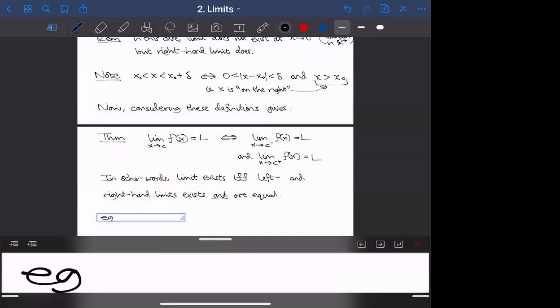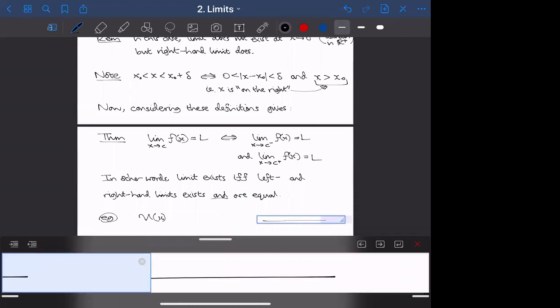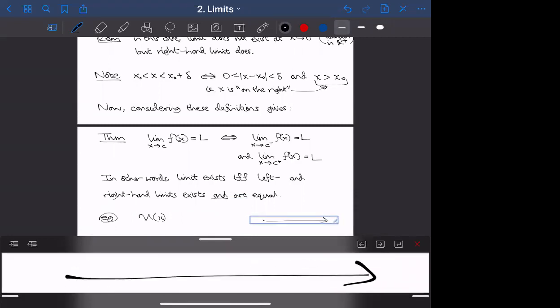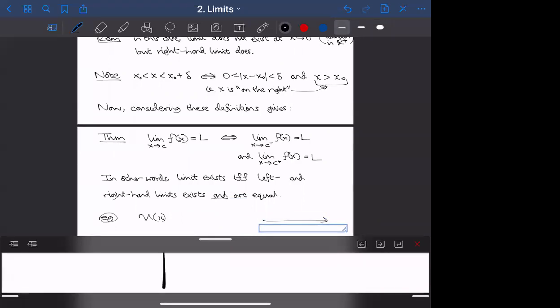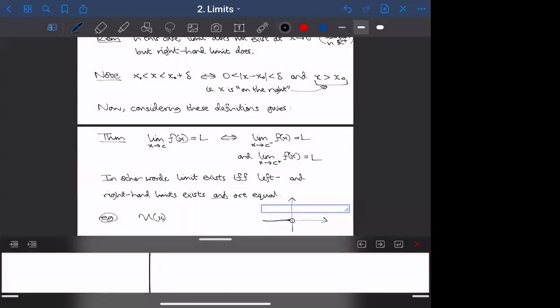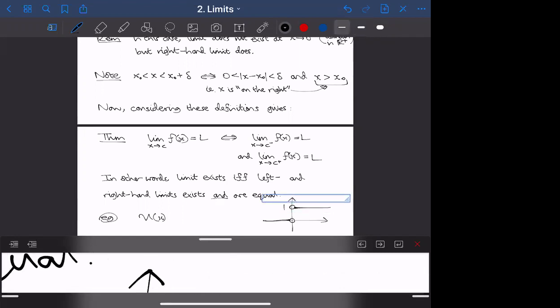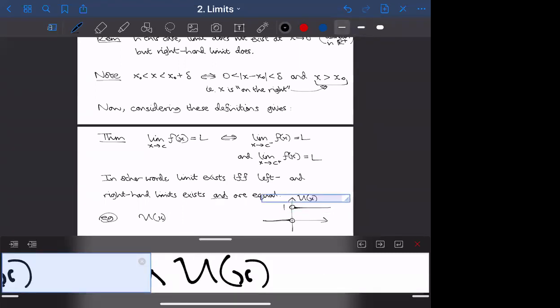So for example, if I take u(x), the unit step function, so this is 0 for negative x, and it is 1 for positive x and for 0.